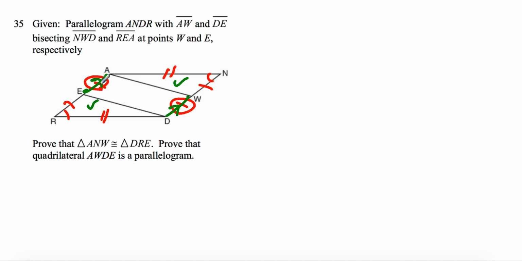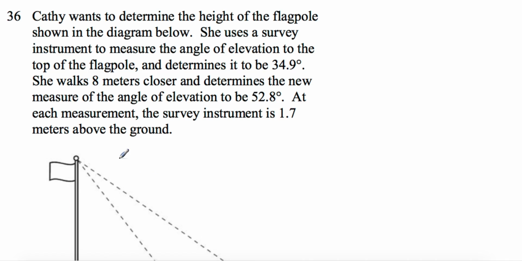Then we just proved that one pair of opposite sides are congruent and parallel, so that's why it must be a parallelogram. I'm just going to skip the writing, and you can try to write it yourself one more time. All right, let's look at number 36.